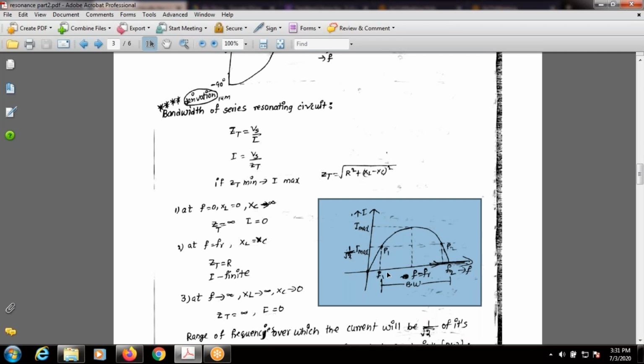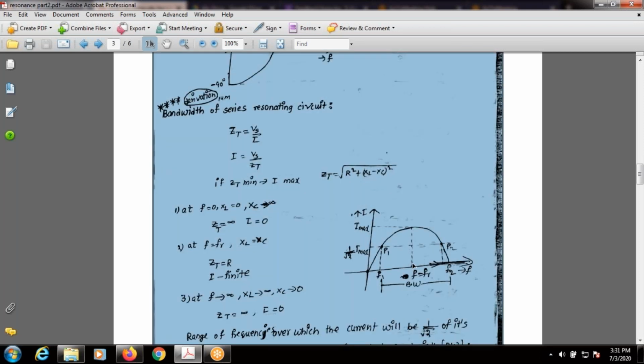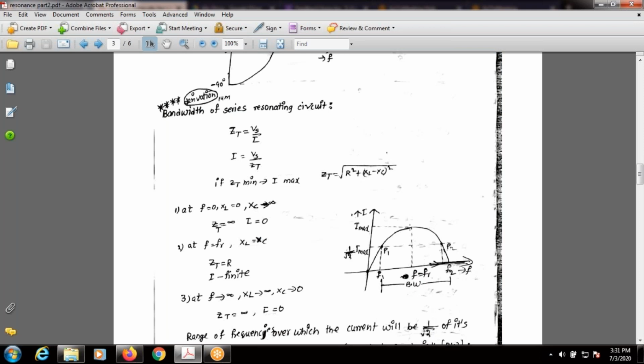Now observe here, when f is equal to fr, that is the maximum current. I maximum is equal to V by R at that point. Now from that I maximum, go down to 0.707 I maximum, or 1 by root 2 of I maximum.